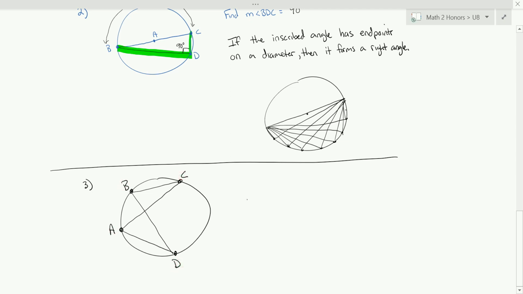And I'm going to tell you that the measure of angle CAD is 70 degrees. And I'd like you to find the measure of BDC.